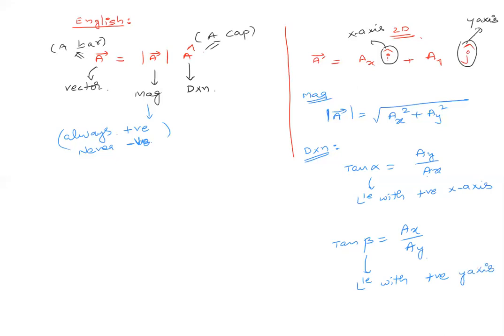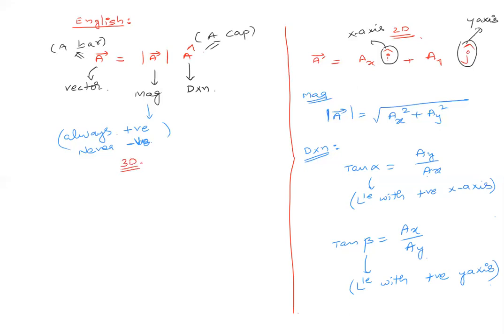Okay, so tan beta will give it like this, tan alpha will give it like this. So this is your magnitude and this is your direction in terms of 2D. Next, in terms of 3D.